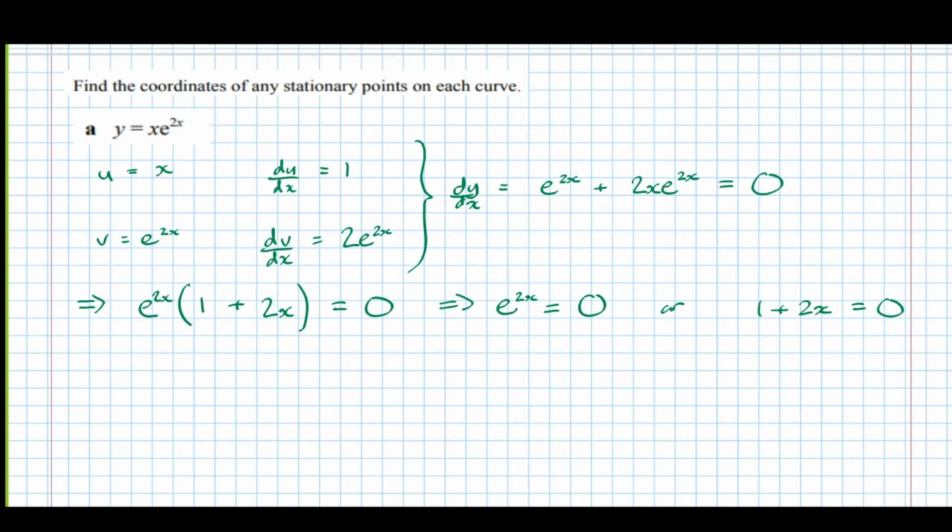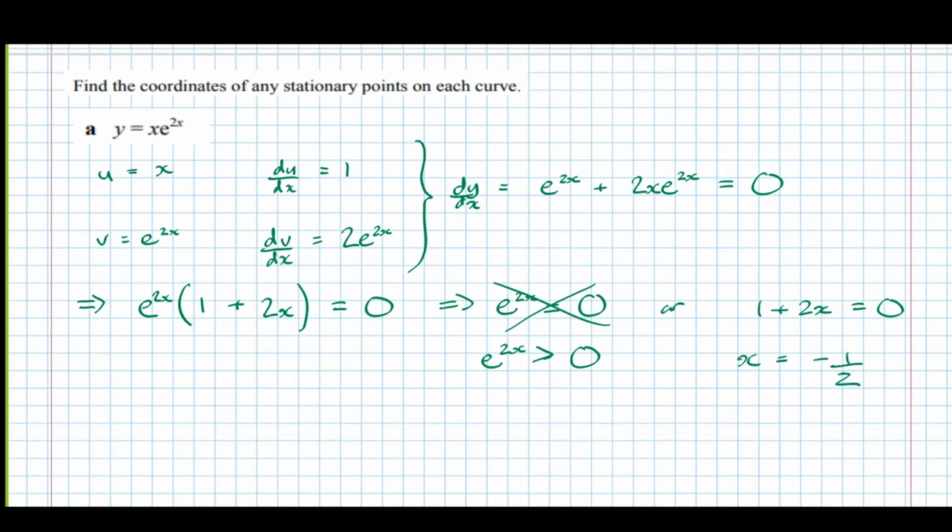If we try and ln both sides to get that 2x out the power, we get ln of 0, which doesn't work. So I'm going to discard that. But as is the case with the linear spec maths, whenever you discard an answer, you should say why. So e to the 2x is always greater than 0. That's why I'm discarding that. So that gives me x equals minus 1/2.